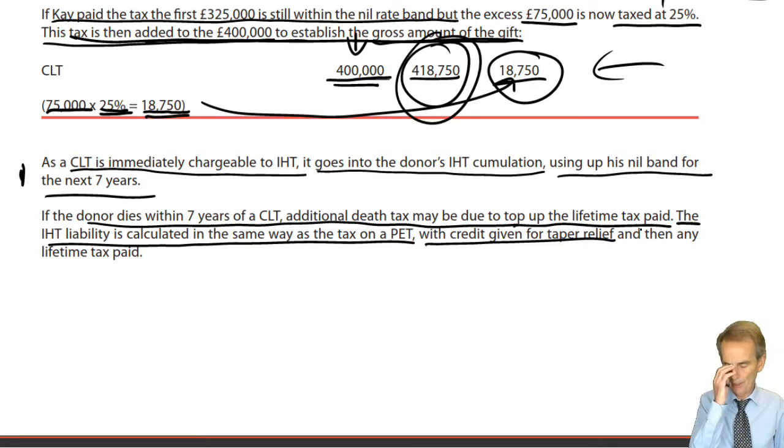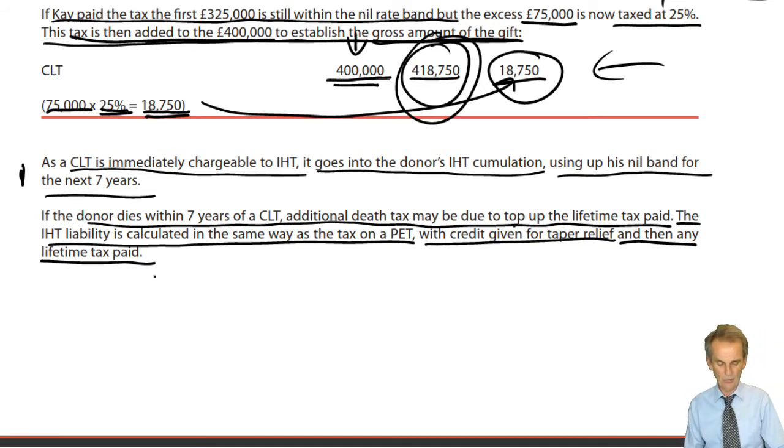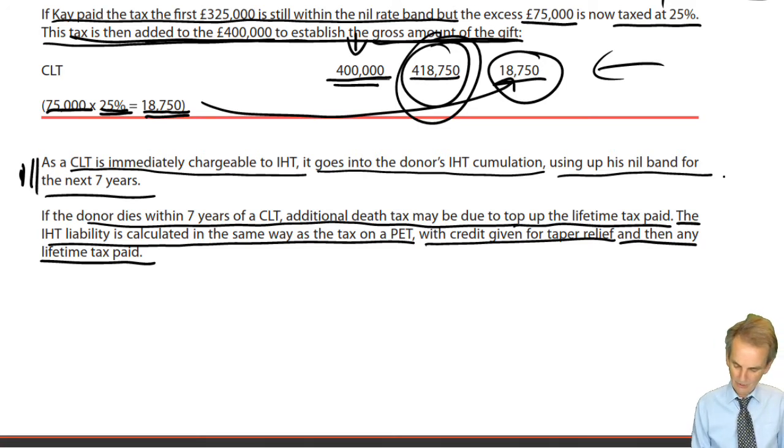But of course, unlike with PETs where there was no lifetime tax that was paid, here with CLTs there may be, and therefore any lifetime tax paid is also deducted, the basis of which we'll see in a moment. But to go back to this, as a CLT is immediately chargeable to IHT, it goes into the donor's IHT accumulation, using up his nil band for the next 7 years.